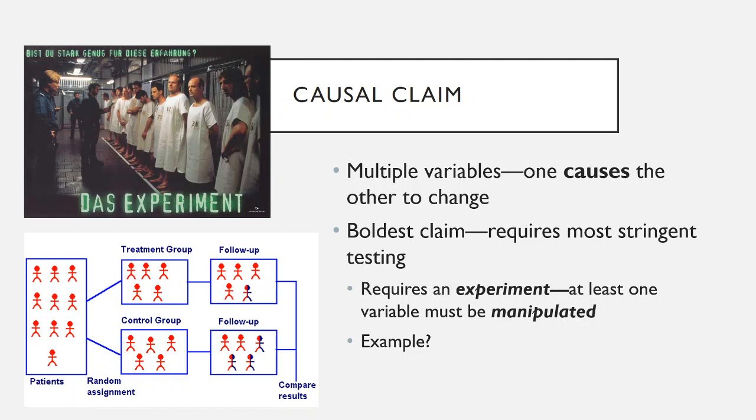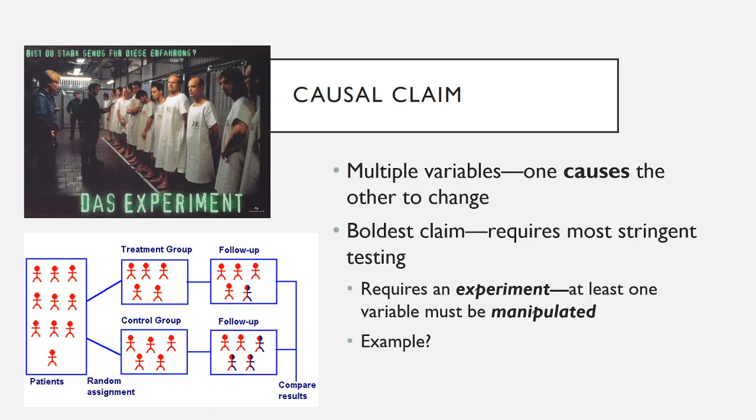So in order to do this, participants are either put into the treatment group or into a control group. The best experimental design will have participants being randomly assigned into treatment versus control groups, meaning that all participants have an equal chance of being in one group versus the other.